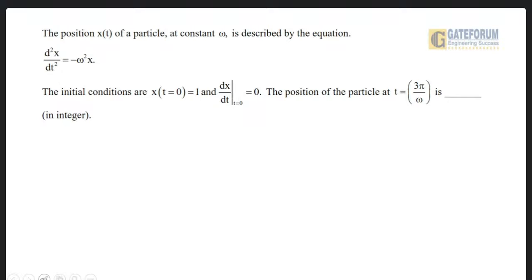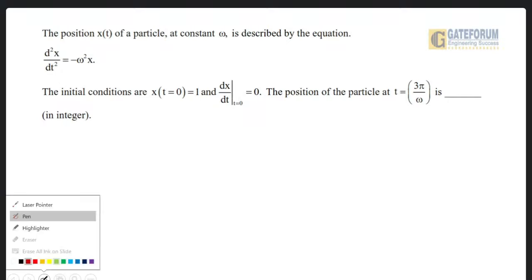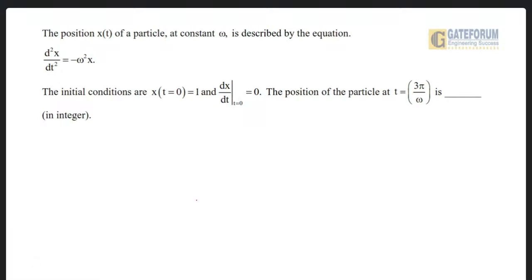This is from engineering mathematics, from the topic differential equations, subtopic linear differential equation with constant coefficients. So here x of t is satisfied by this differential equation. This is a simple harmonic equation. And the conditions given, x of 0 is equal to 1, dx by dt of 0 is equal to 0. That is x value 1 at t equal to 0, dx by dt is equal to 0 at t equal to 0.